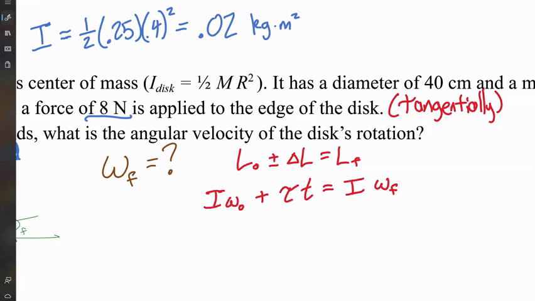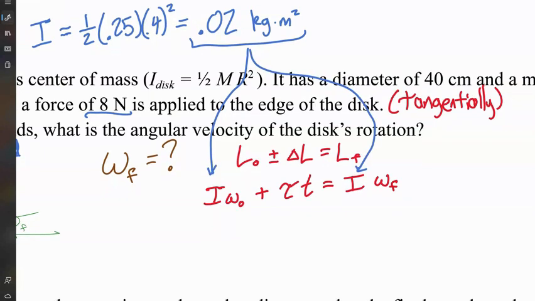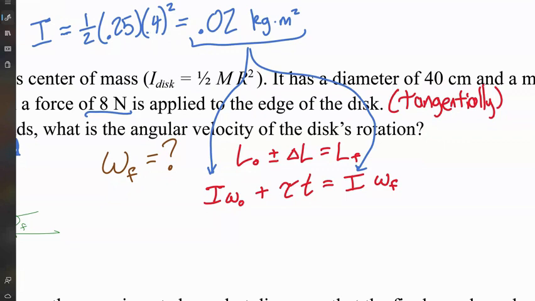We can plug this rotational inertia into our change of angular momentum expression. We have 0.02 times the initial omega, which is 0, so that whole term goes away. Plus the torque, which is r F sine theta.